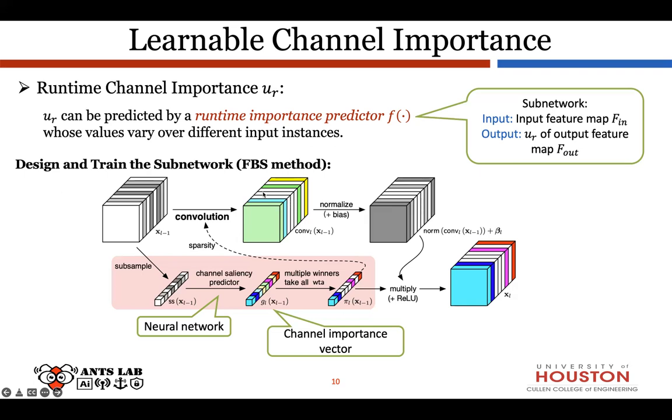If we prune some channels and can still preserve the performance, the importance ratio of this channel will be very low. It can be automatically learned during training, and we don't need to design these vectors by ourselves. We use the neural network to learn them.